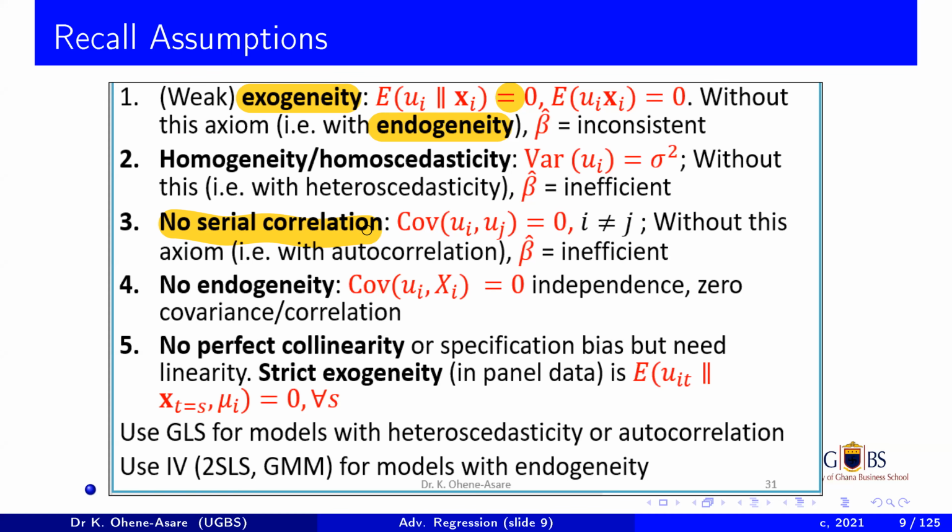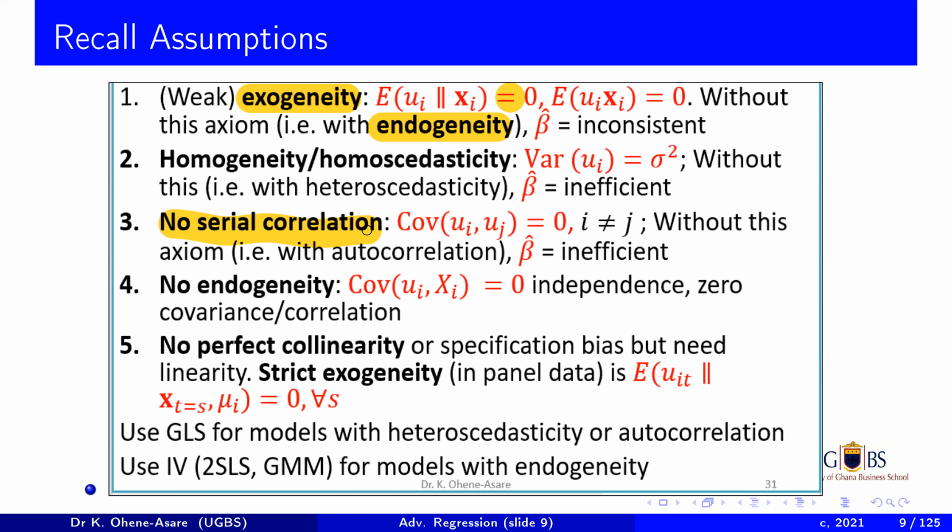There's time in panel data. So the error is correlated with itself in another year. So that is an assumption. We expect exogeneity, we expect homoscedasticity, and there should be no serial correlation of the errors.